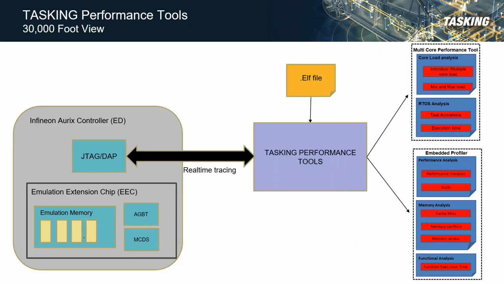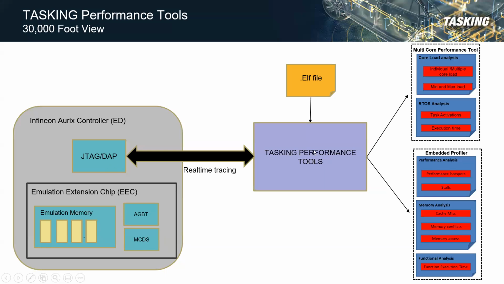So if we look at a high level overview of our tasking performance tools, I'm showing here an emulation device, Infineon AURIX. This device has the emulation extension chip, which has emulation memory, the Aurora Gigabit, and the full MCDS type support interface.